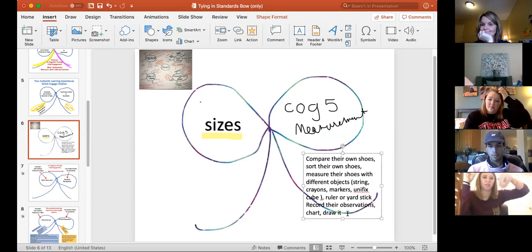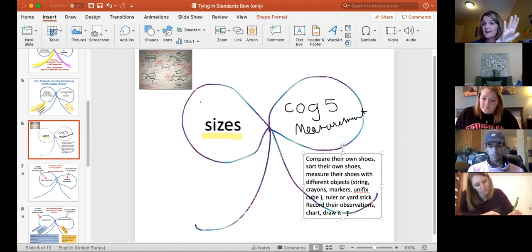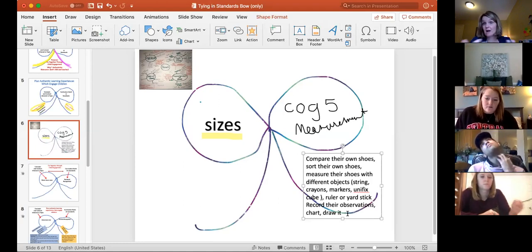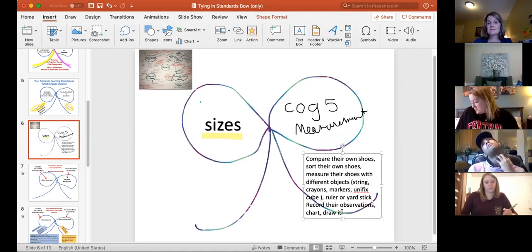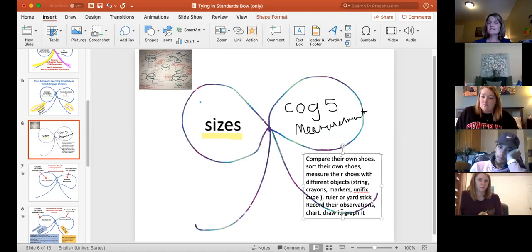Like you'd graph their actual shoes on the ground. Yeah, it was a pictograph. They could figure out who has size 5s, who has size 6s, and you could make a bar graph with their actual shoes. Absolutely, I love that idea, by the way. So we have lots of things, and this is what children can do.